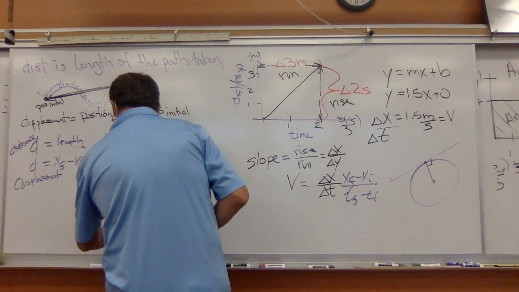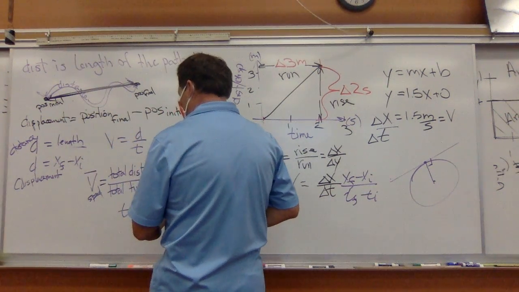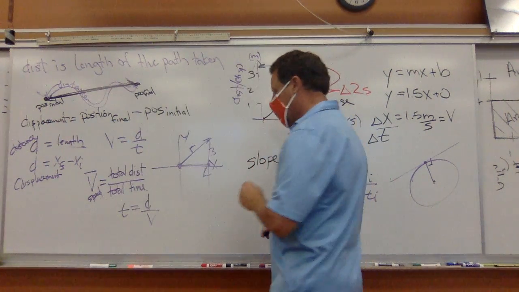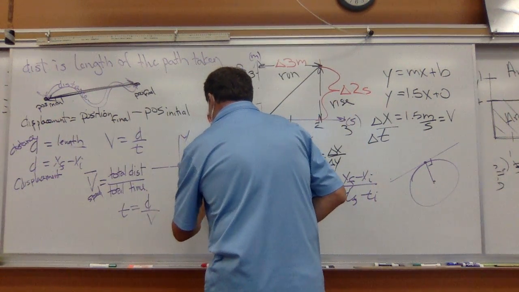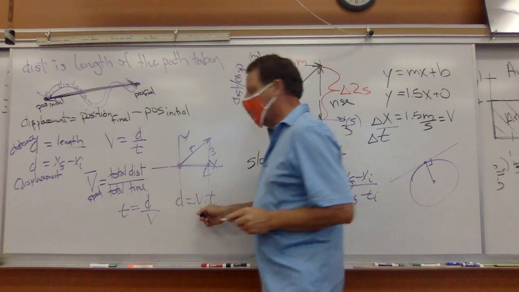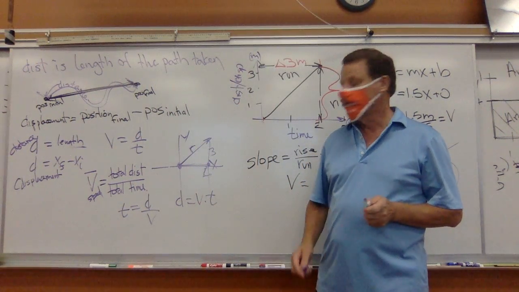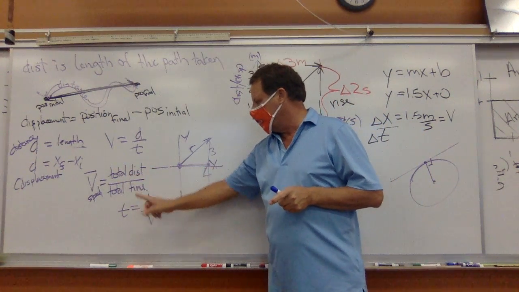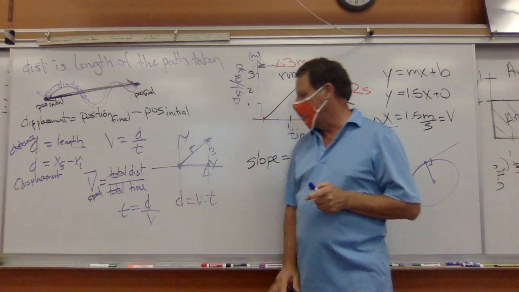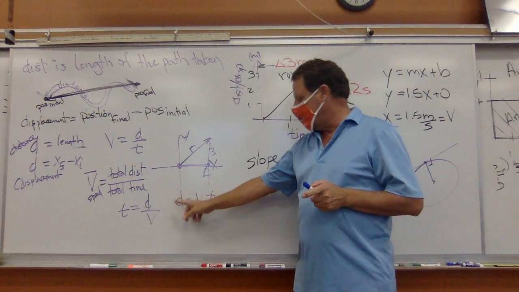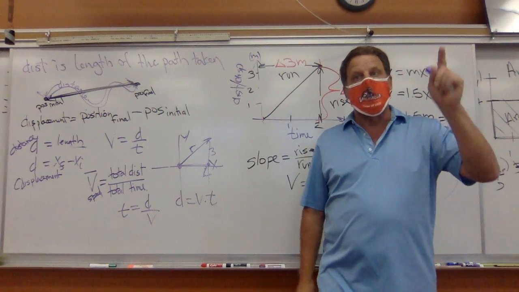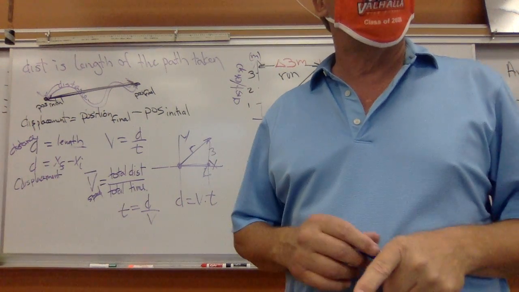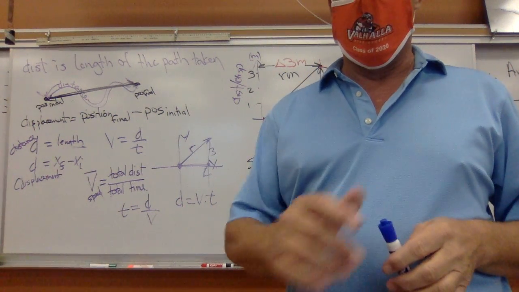That means your time is going to be distance divided by velocity, and your distance is going to be velocity times time, or speed in this case. These 3 equations, velocity is equal to distance over time, time is equal to distance divided by speed, and distance is speed times time, are the key components in doing the question of the day.